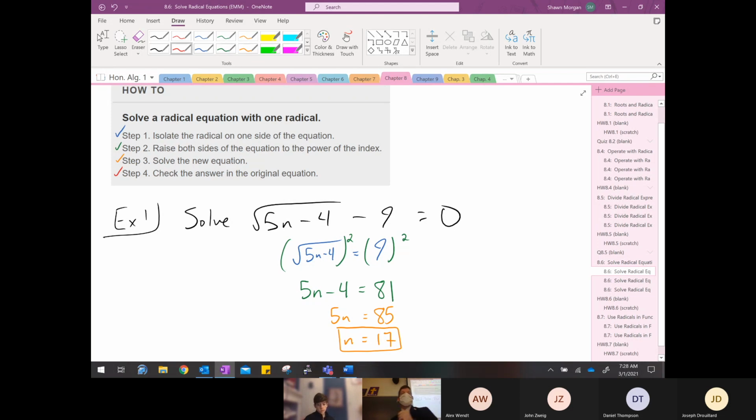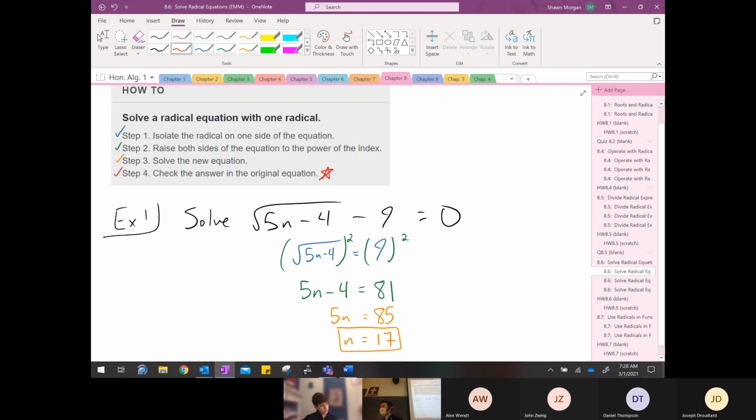What if it didn't check out? What kind of solution would 17 be? An extraneous solution. And we've got to be on the lookout for extraneous solutions when we're dealing with square roots in equations. Make a special note to that effect, okay? Reason being, square roots have some implied domain restrictions on them. For example, you're not allowed to take the square root of a negative number.